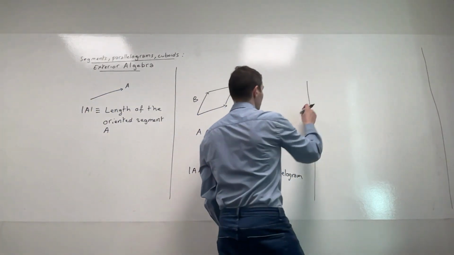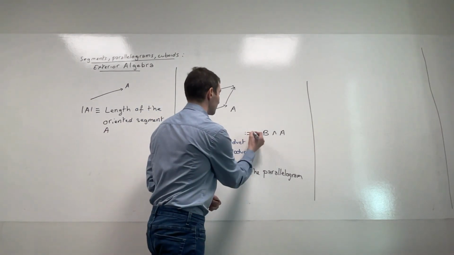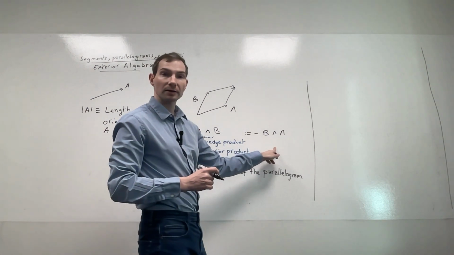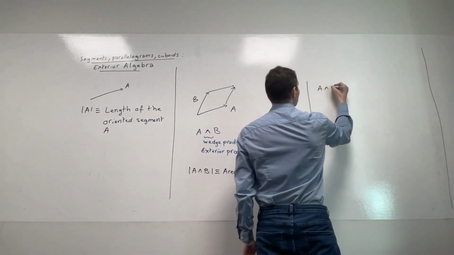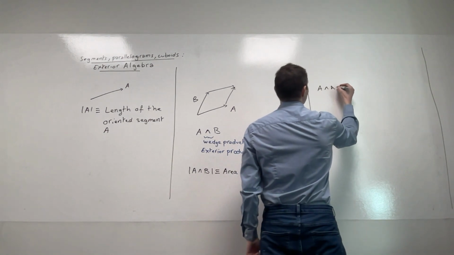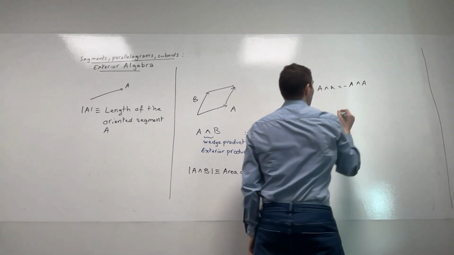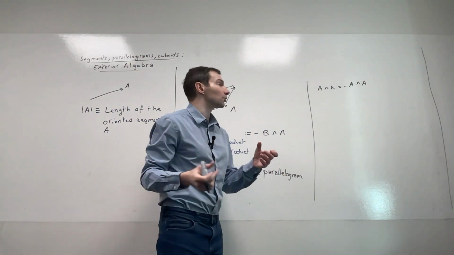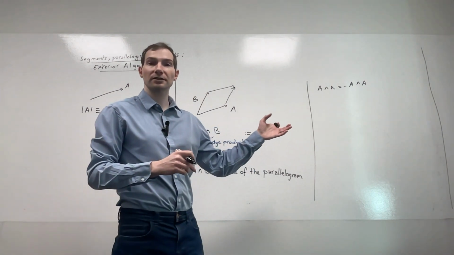If you impose that particular definition, that A wedge B is equal to minus B wedge A, then you're going to have that A wedge A is equal to minus A wedge A. If you look at the magnitude, the only number which actually satisfies that is zero.